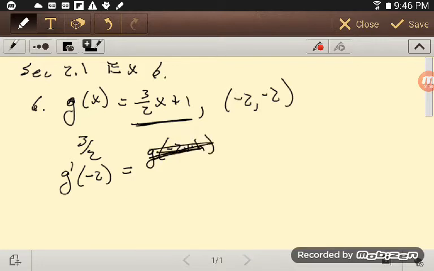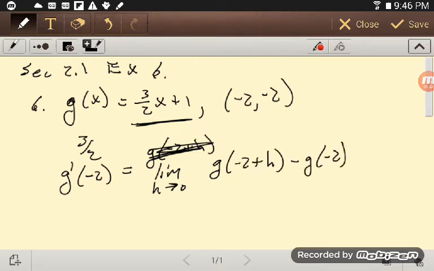Whoops, forgot my limit. So the limit as h goes to 0 of g of -2 plus h minus g of -2 all over h, and of course we get this indeterminate form because the top is 0, the bottom is 0. So now let's put everything in there.